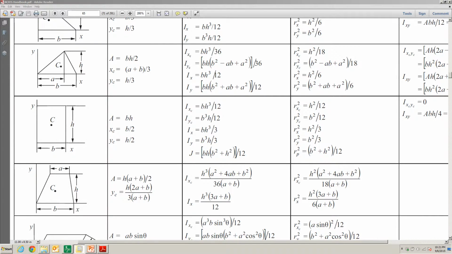We're looking for the second area moment, or the moment of inertia, about the x-axis, which is given right here in this table for this rectangular geometry. This area moment is given as b times h cubed divided by 12.